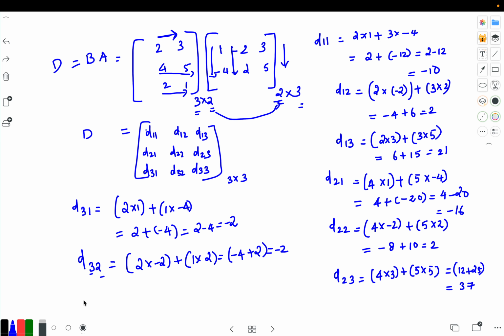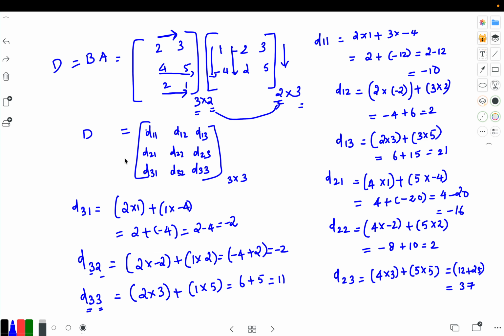Next D33, the third row with the third column, is 2 into 3 plus 1 into 5, which is 6 plus 5, that is equal to 11.